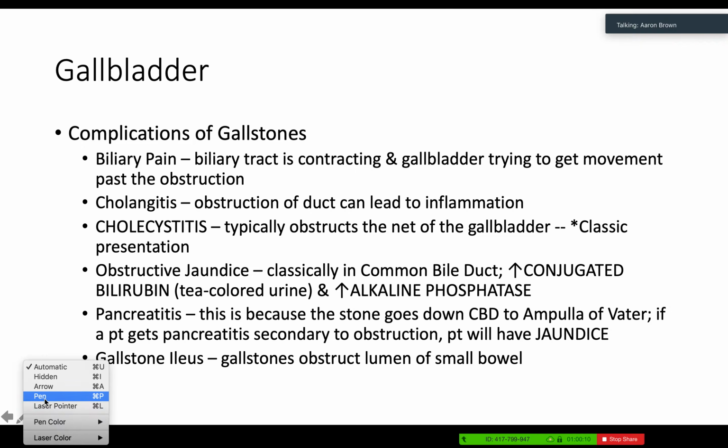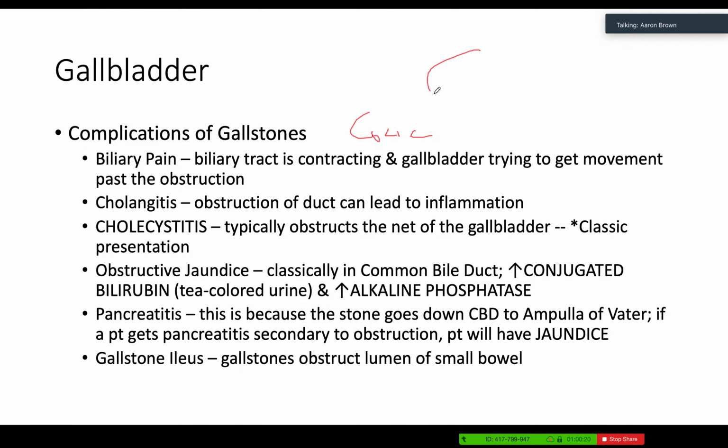What is our patient going to look like with gallstones? You can get biliary pain, aka biliary colic. In biliary colic, what's happening is you have a gallbladder with gallstones inside, and a nice amount of bile. Here's our gallbladder, here's our cystic duct. Our patient has a nice meal, the CCK gets elevated, CCK tells the gallbladder to contract, and now when the gallbladder contracts, this stone is going to get lodged right here at the neck of the gallbladder, considered the ampulla of the gallbladder.